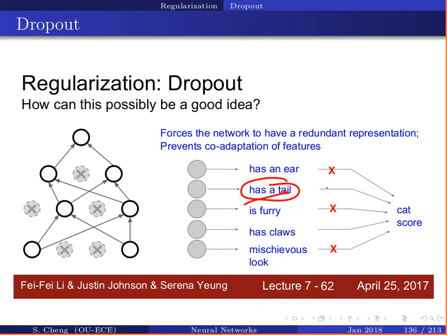So then this weight here may just go crazy, trying to really emphasize this guy here. So what dropout essentially does is randomly, occasionally, de-emphasize some of the features, right? Occasionally I will say, oh, you cannot consider that this has a tail as a feature. Then you force the other guys to look at other features also, so you will get the weights more spread out. It's kind of a hand-waving argument, but there's some truth there also.